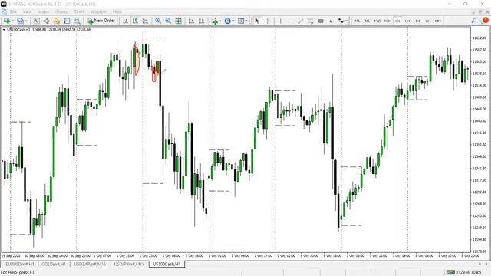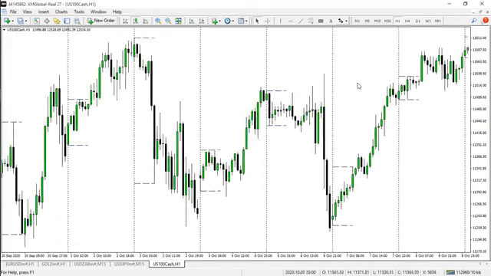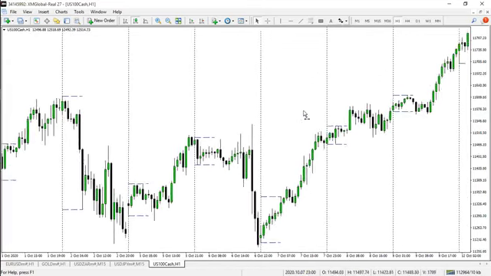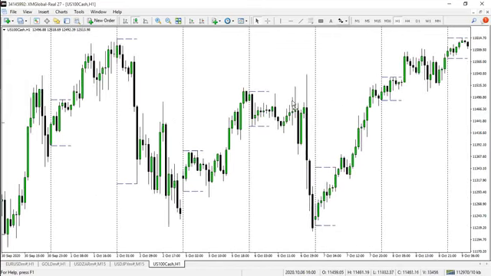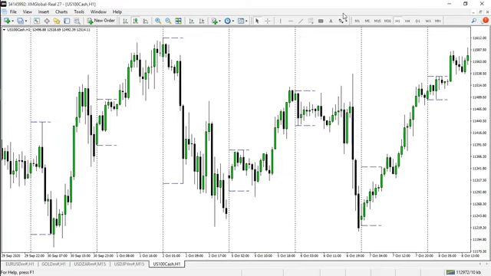So the confluence was right here. That's where the setup was going to be. But the majority of the time it's just a breaker, mitigation block. And what did I say about mitigation blocks and order blocks? They're always together. Always, 95% they're always together at the same level.